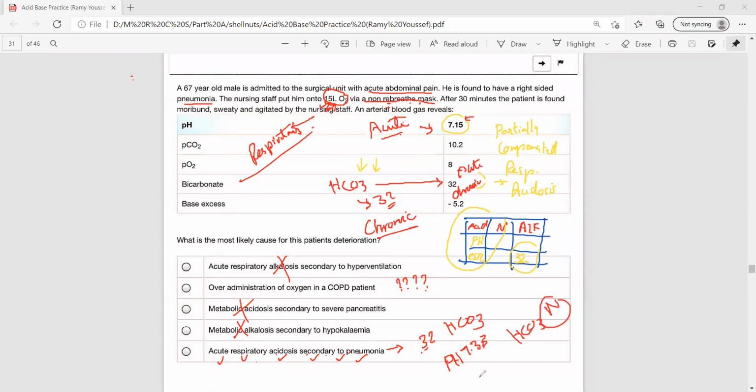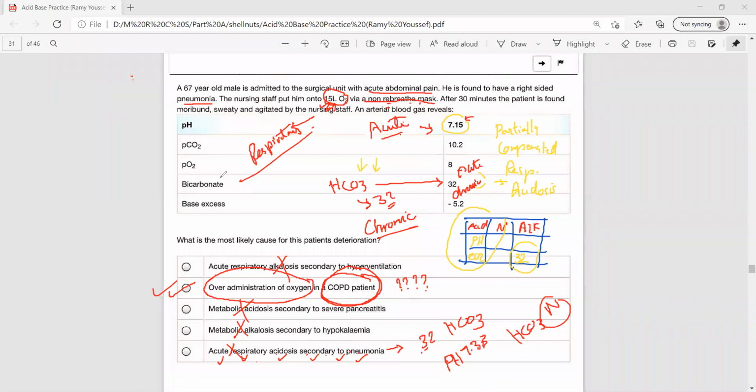So this is not it either. The only option left is this one: acute on top of COPD. This is acute respiratory depression due to over administration of oxygen in a patient with COPD, a chronic respiratory condition. This is the right answer.